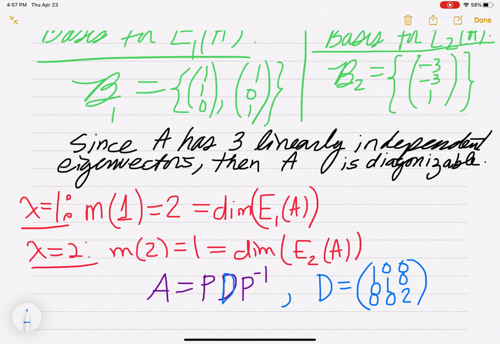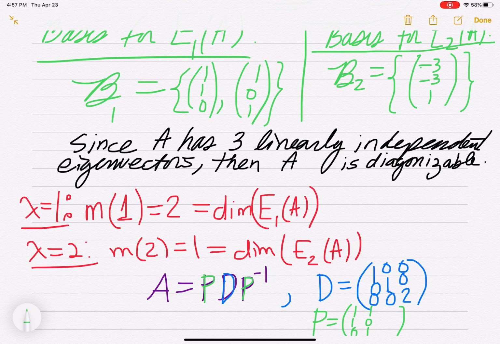And then P, what's P? You want to put P in the right order. You're going to have 3 columns. Your first column is going to be 1, 1, 0. Your second column is going to be 1, 0, 1. Those are coming from the linearly independent eigenvectors of the eigenvalue 1.